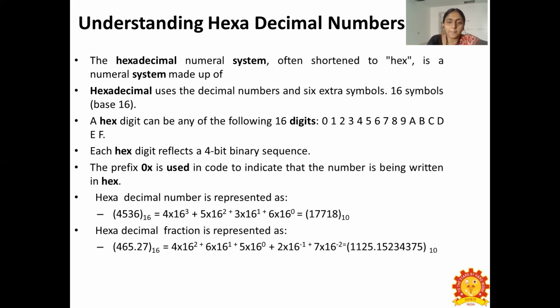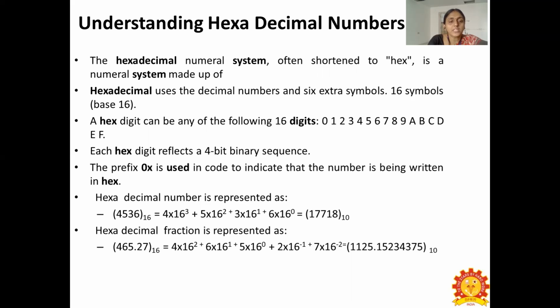So a hexadecimal number can be represented as, for example, 4536 in hexadecimal, it can be represented as the least significant digit 6 into 16 power 0, plus 3 into 16 power 1, plus 5 into 16 power 2, plus 4 into 16 cube. So the most significant digit here has the power 3.